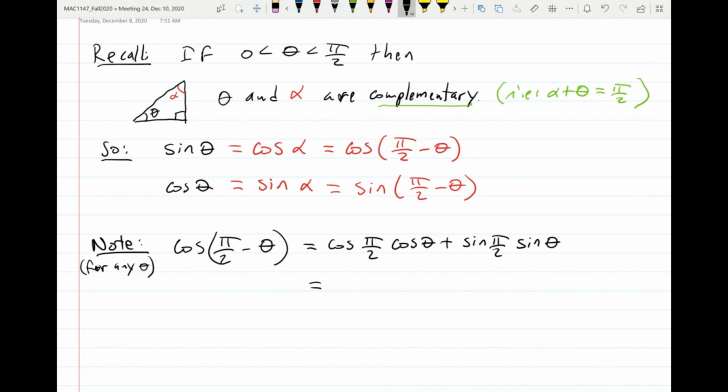Okay, now what do you know about cosine of pi over 2? What's cosine of pi over 2? I'm asking you a simple question. What is cosine of pi over 2?